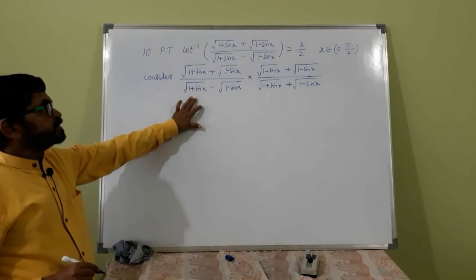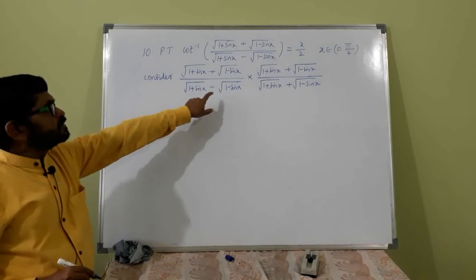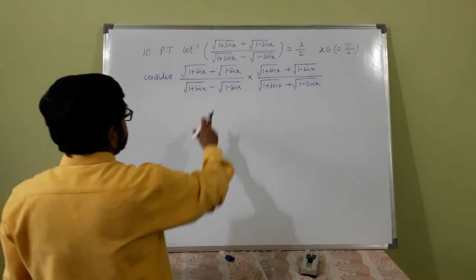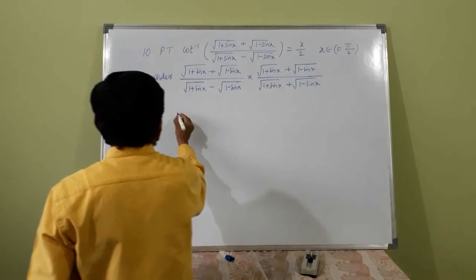I hope you got it. See, multiplying and dividing by this rationalizing factor. So, what about the numerator?